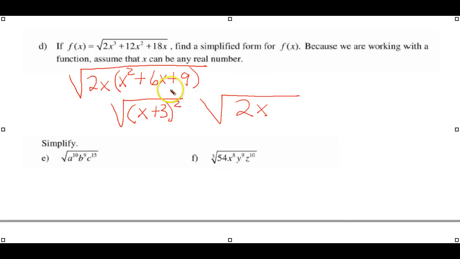And now we have, again, this is a little challenging. We had to see that we could take a 2x out of there. This is a perfect square trinomial that we get this. Now, when we get this, and again, we're going to use our principles here, for any real number, this is x plus 3 in absolute value, and then this is 2x.